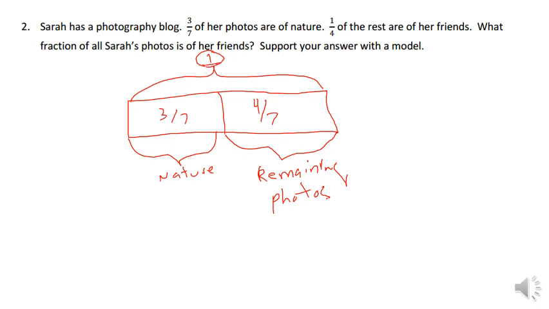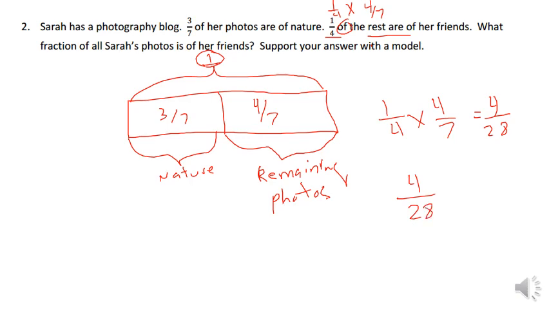Now it said 1/4 up top here, 1/4 of. So we know that means 1/4 times the rest, which is the remaining photos, which is going to be 4/7. So we have 1/4 times 4/7, which is going to give us 4/28. And with that, we can reduce that, and we can tell because they're both even.